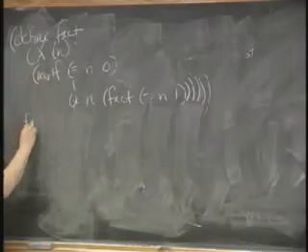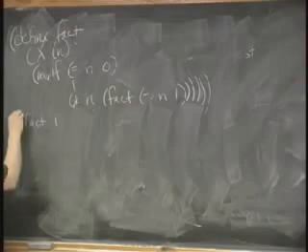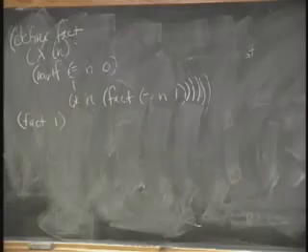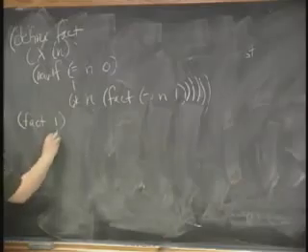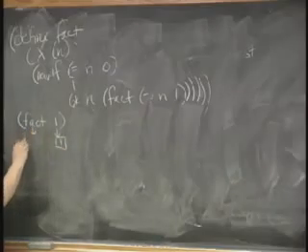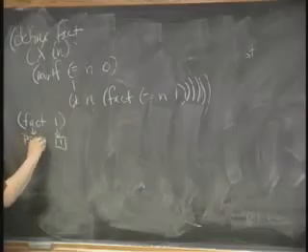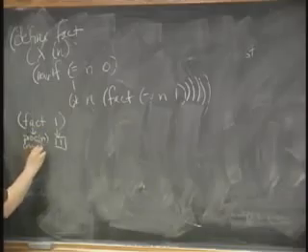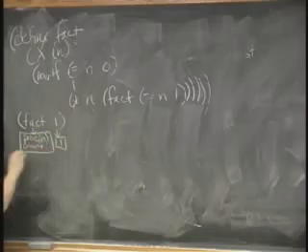Let's try out fact of 1, to prevent us from going through this forever. Fact of 1. This is a procedure of 1 argument, which does new if. Apply this to that.